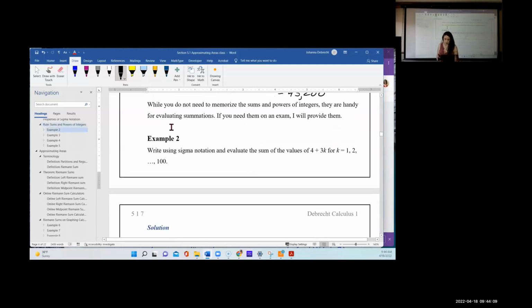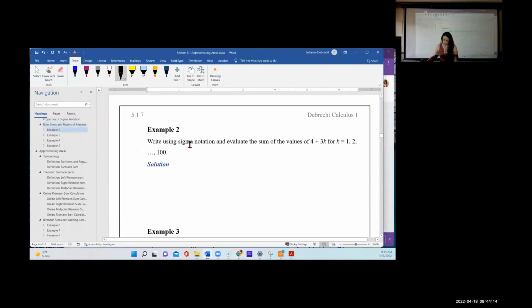Okay, so now let's just practice a couple of these. We want to write sigma notation and evaluate the sum for the following expression, 4 plus 3k for k going from 1 to 100. So sigma notation, who wants to tell me what the lower limit and upper limit of summation should be?